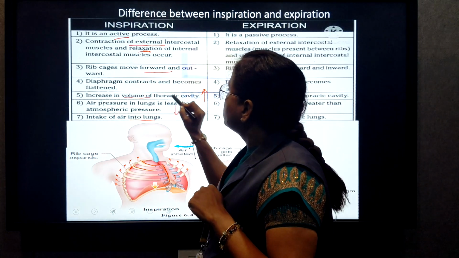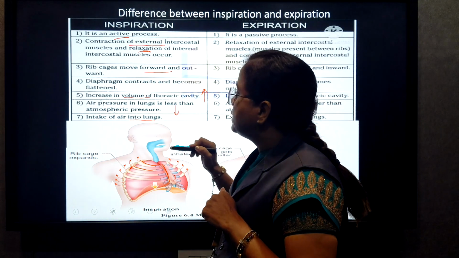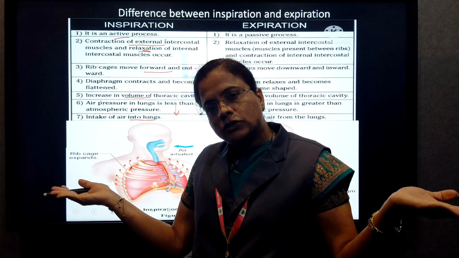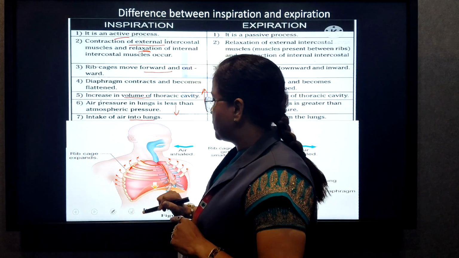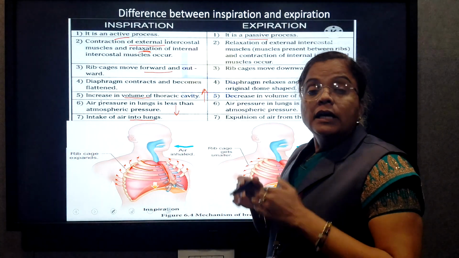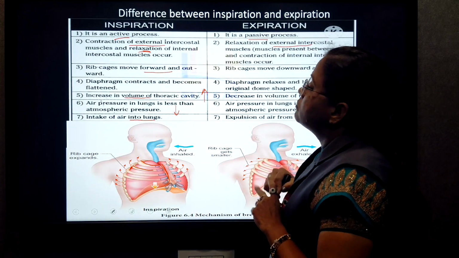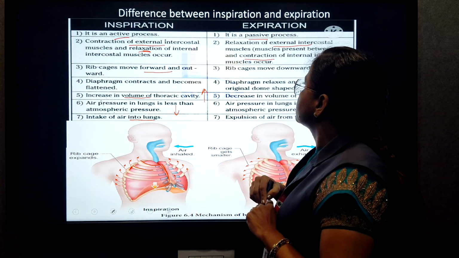Therefore, the volume of the thoracic cavity increases and the air pressure decreases. In that manner, atmospheric air moves from high concentration to low, and the air comes into the lungs. This is inspiration.